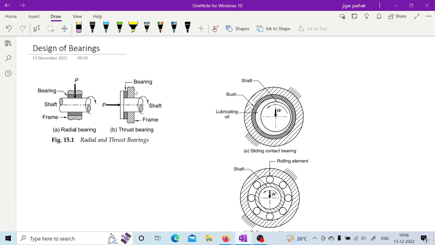If we discuss the main functions of bearings, we can list them. The bearing ensures free rotation with minimum friction.